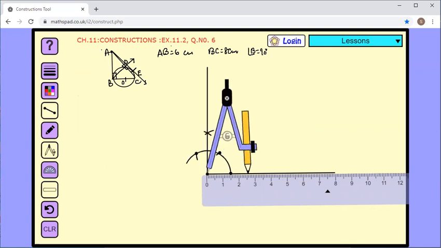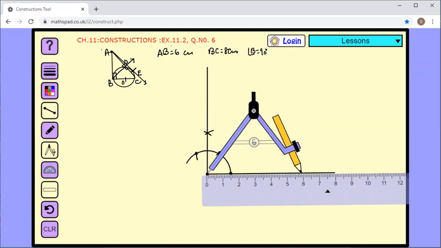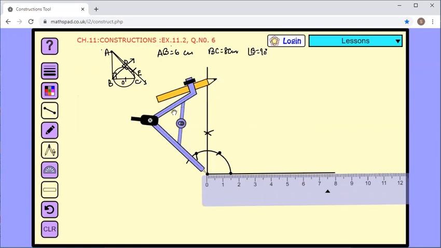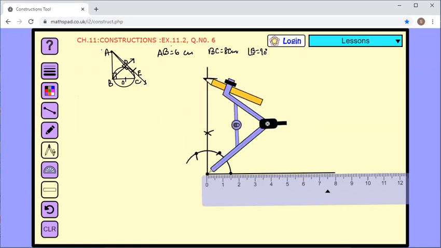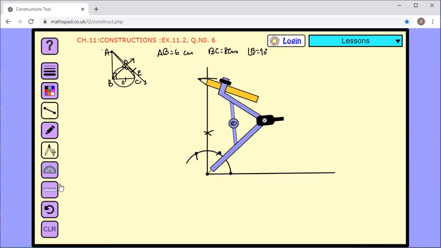Measure it equal to 6 centimeter. Then fix the radius and cut the arm here up to 6 centimeter, and then you will join this with this end.